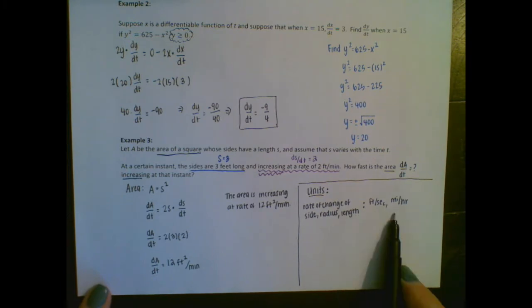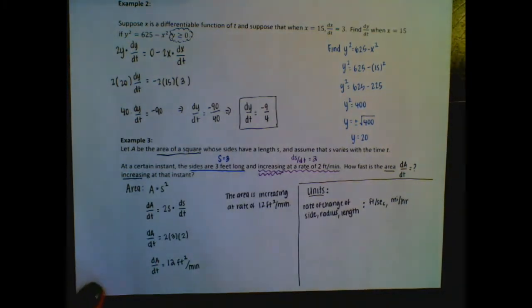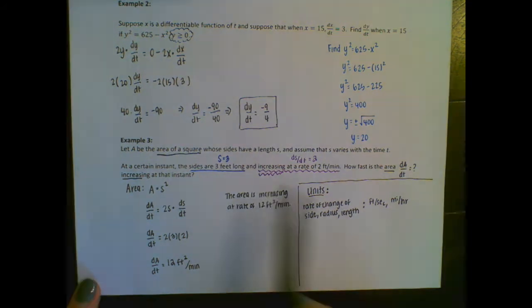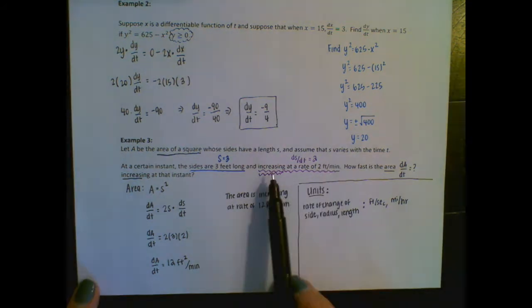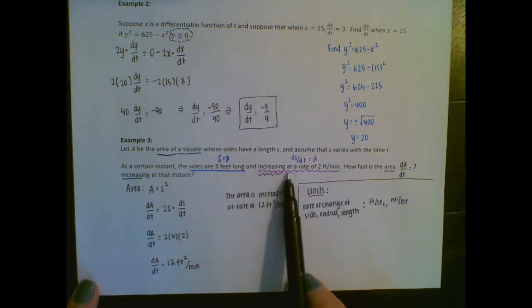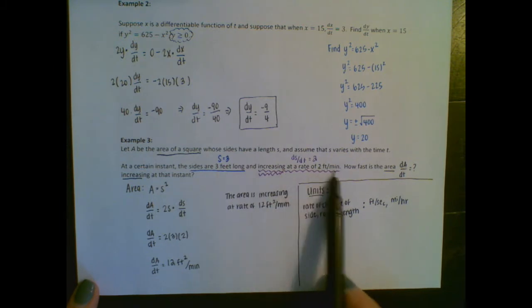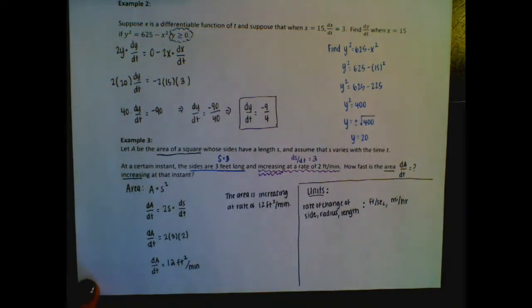So those are just some examples of what your units should look like when you're looking for a rate of change of sides or radius or length or whatever. And if you notice, that's what our units were here when we were talking about the sides increasing at a rate of 2 feet per minute.